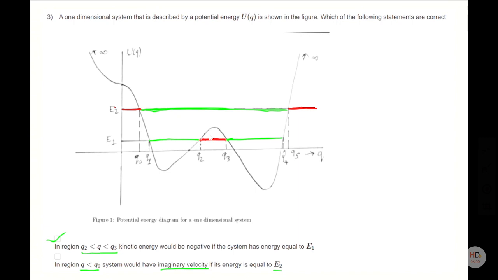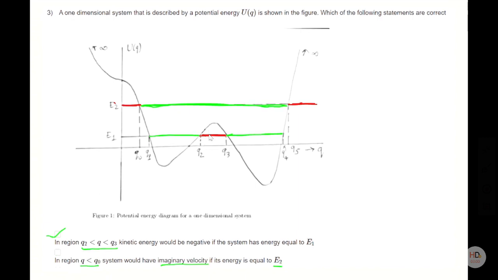Then is the first option incorrect? No, it's not incorrect, but sure, I get that point. Sometimes it's the semantics that gets us.